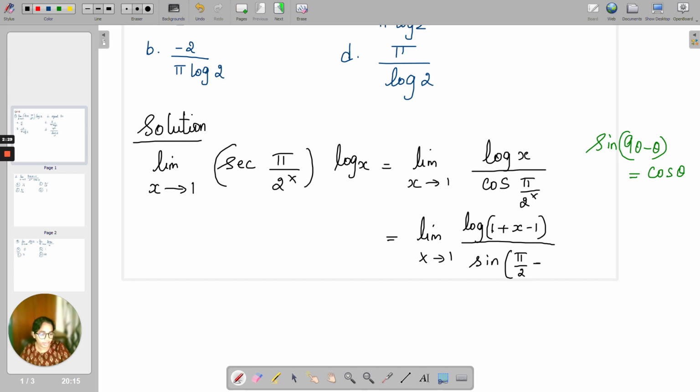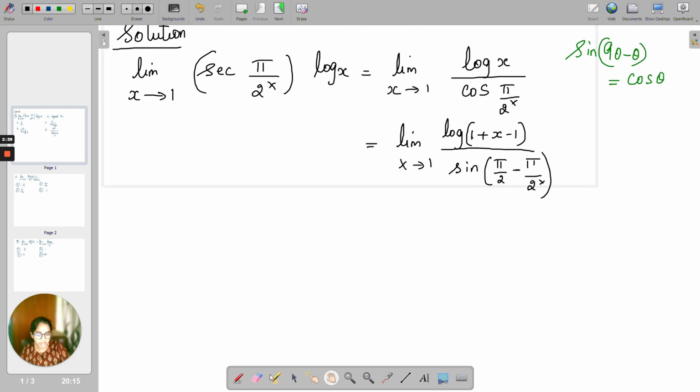So I'm writing it as sine of pi by 2 minus 2 power x. Now I'm multiplying and dividing x minus 1 in the numerator, and multiplying and dividing this angle in the denominator.